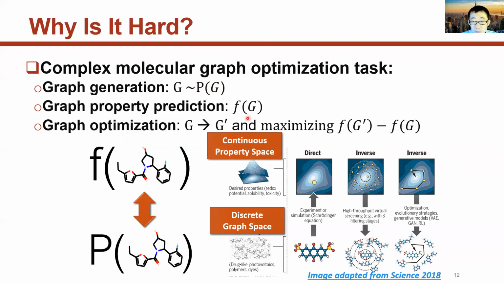Graph property prediction means to learn a mapping, f_G, from discrete graph space to continuous property space. Graph optimization means to design new graphs, G prime, with optimized property. Thus, we need to efficiently search the discrete molecular graph space and sample novel molecular graphs from this space, guided by the property functions, which is a mapping between graph space and its property space.